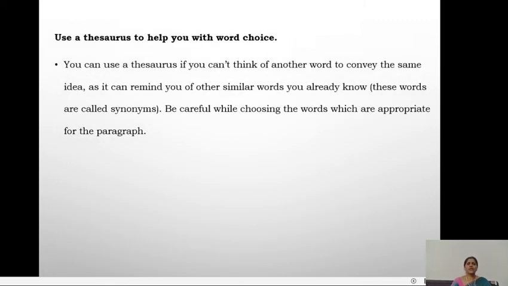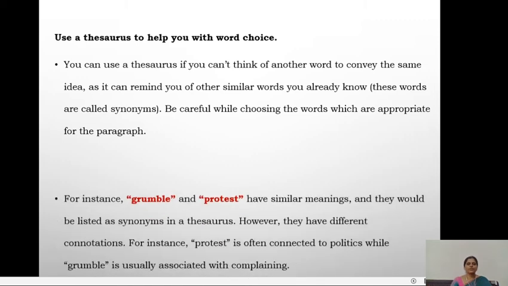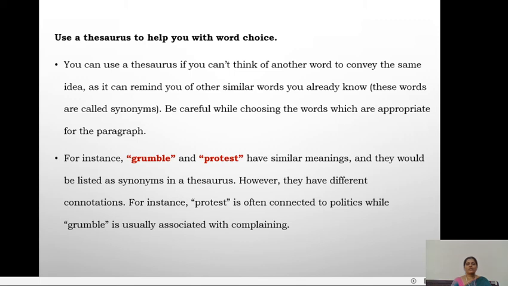Use a thesaurus to help you with word choice. If you don't have an idea about similar words, then you had better take the help of a thesaurus. You can find a lot of similar words which you can use in place of the original word. But be careful while choosing words that are appropriate for the paragraph. Sometimes synonyms are similar, but they won't convey the exact thing in the text. For instance, grumble and protest are both similar words.